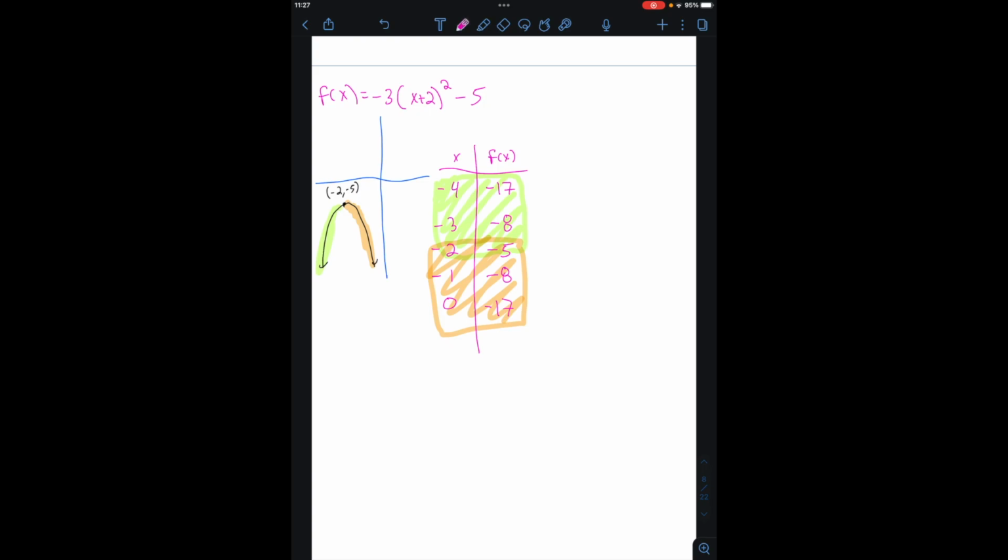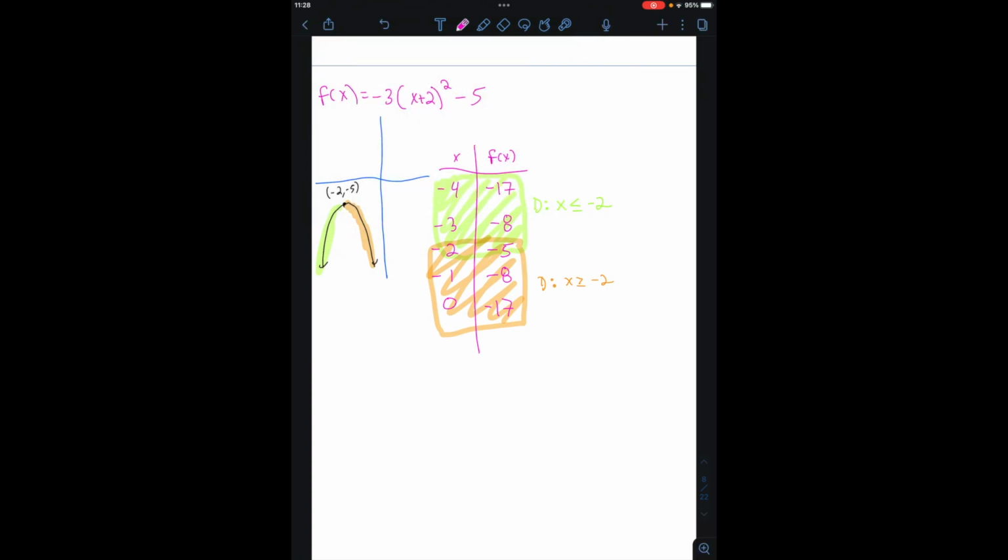And so those are two domains. That's the domain of x is less than or equal to -2, and we have a domain of x is greater than or equal to -2. So those are the two ways we could restrict our domain to make this one-to-one and then not have copies of our function. So I'm going to show both.